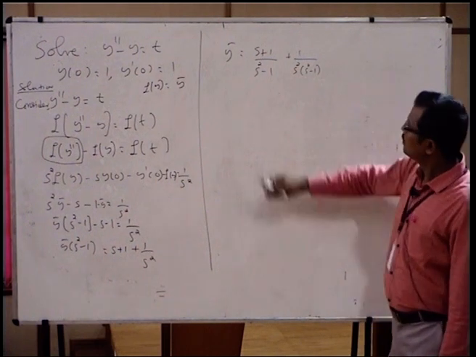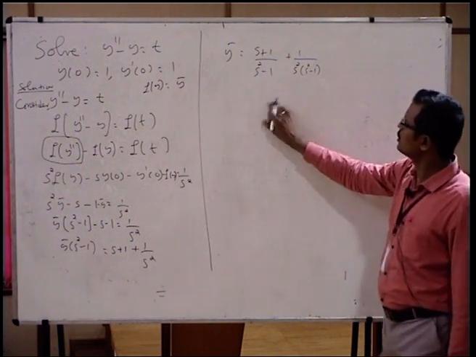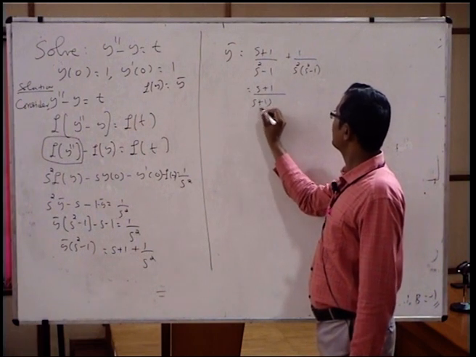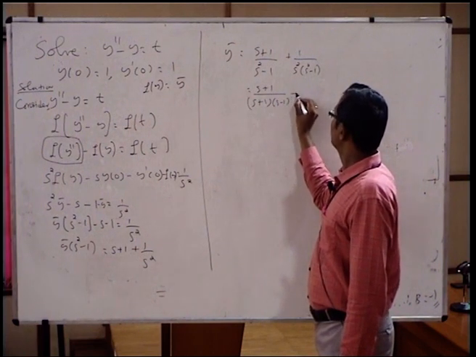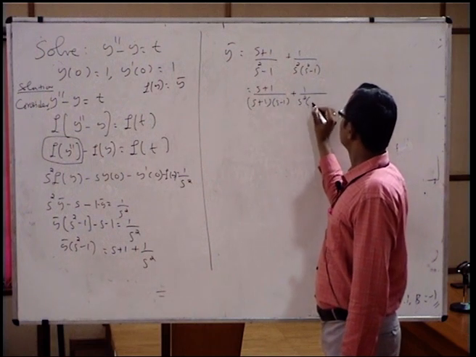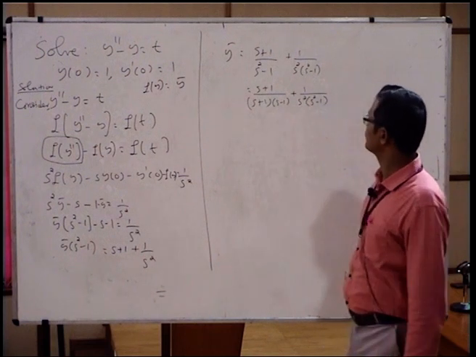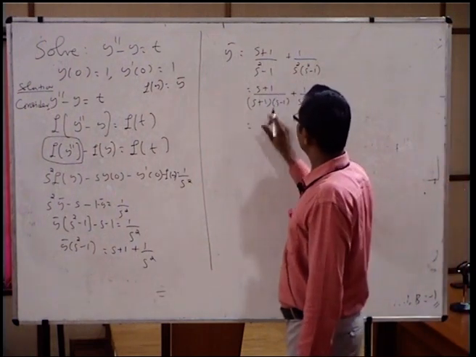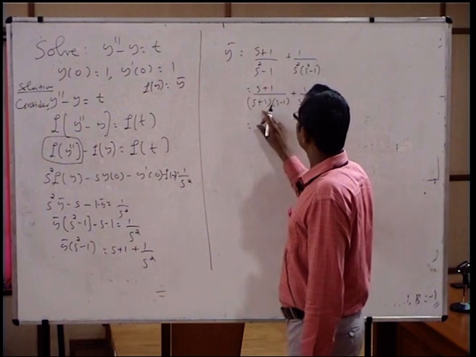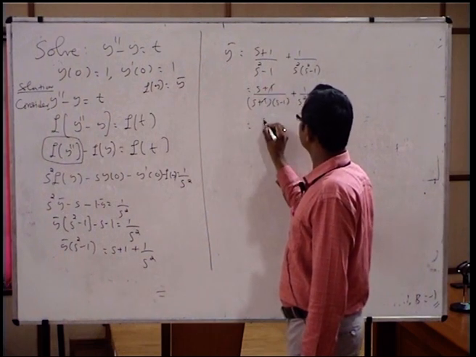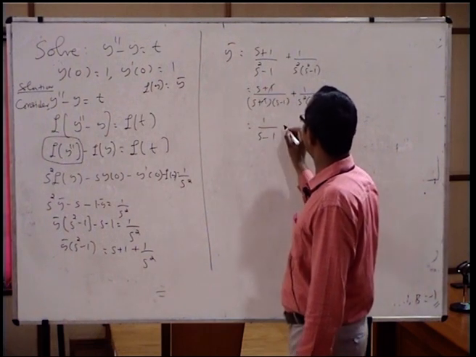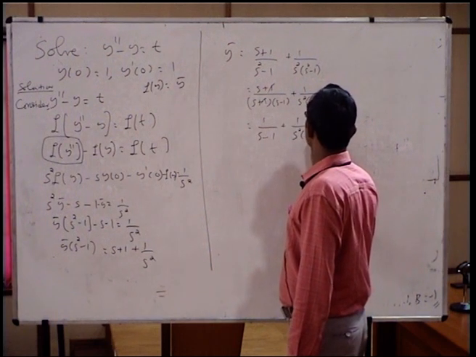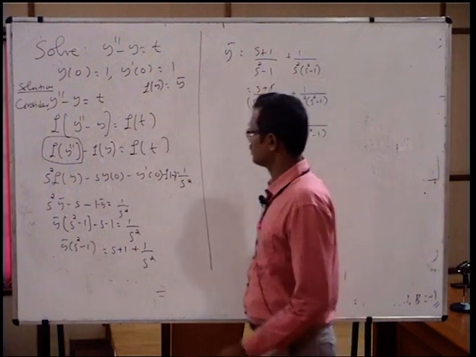Now simplify: s square minus 1 can be written as s plus 1 into s minus 1. That is, s plus 1 by s plus 1 into s minus 1, which is 1 by s minus 1, plus 1 by s square into s square minus 1.